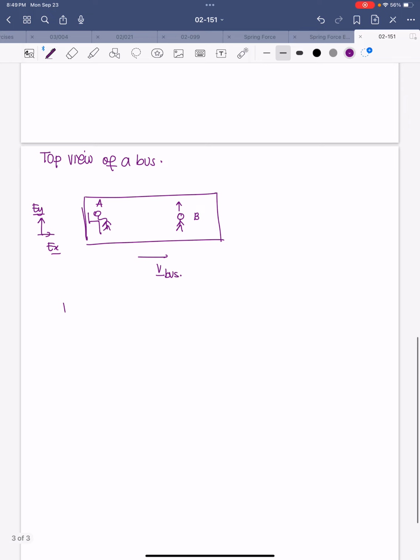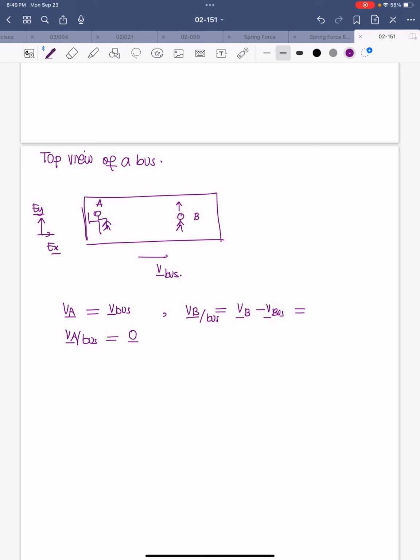The velocity of A is equal to the velocity of the bus because A is fixed to the bus. So the velocity of A with respect to the bus is 0. Now, the velocity of B with respect to the bus, which is the velocity of B minus the velocity of the bus, is gonna be something along EY.